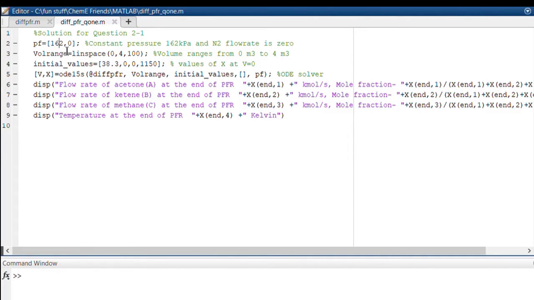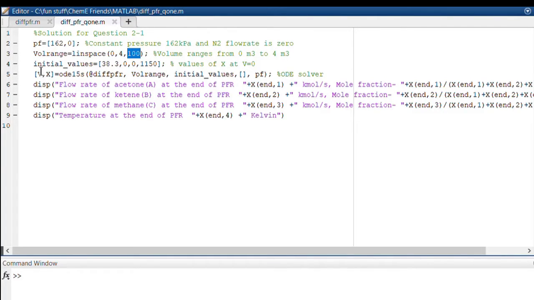We have 162, which is the pressure in kilopascals, and we have no nitrogen flow rate in the first part and hence 0. We have the volume range, which is linspace between 0 and 4. Our volume ranges from 0 meter cube to 4 meter cube. It's given in the question, and we are dividing it into 100 parts.